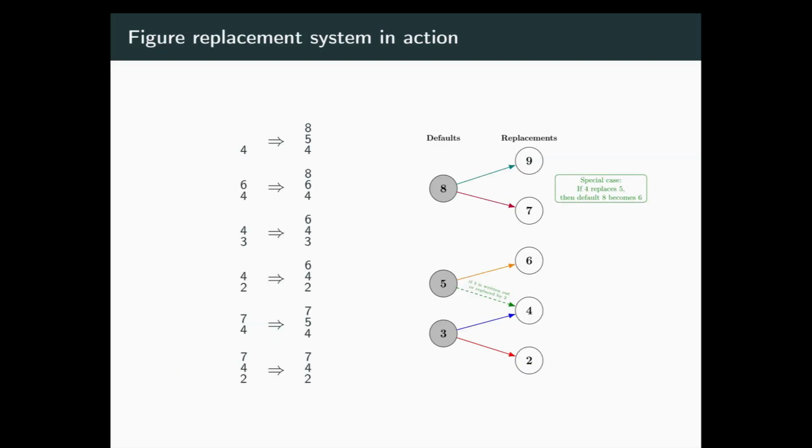So that you can see this in action, here are some of the most commonly seen figures that feature the number 4, along with a diagram of the figured bass shorthand system. Let's make sure that each of these figures follows the weird 4 rule that we just learned about. First, the 4 by itself is replacing the default 3, since there isn't a 3 or 2 written in the figure.